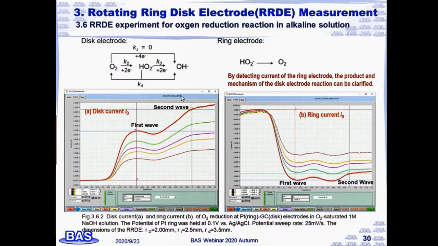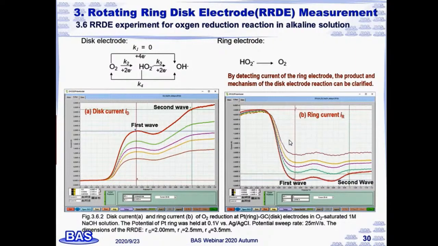At the ring, the potential is set to 0.1 volt for sufficiently oxidizing hydrogen peroxide ion, and the generated hydrogen peroxide ions are oxidized and detected by the ring current.